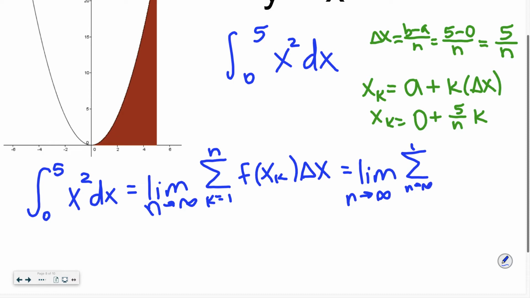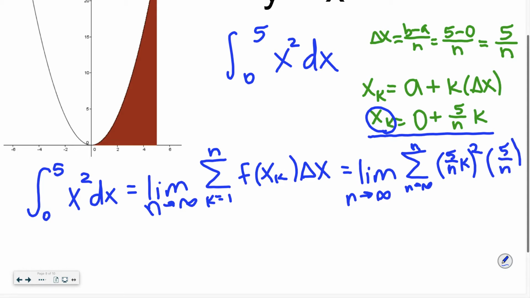So what we need to do is plug x sub k, well that's right here, into our function f. Our function f is x squared, so I'm going to plug this guy, 5 over n times k, into our function x squared, and then that needs to be multiplied by delta x, and delta x is 5 over n.